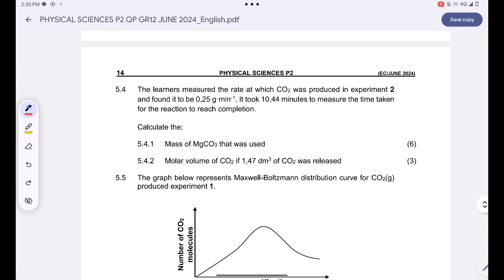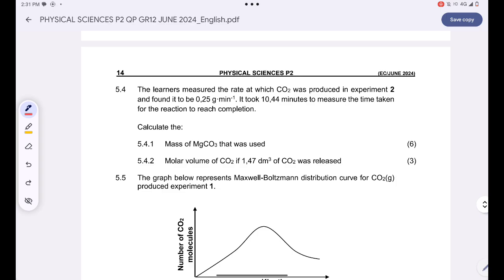Okay, and then now we are told that the learners measured the rate at which carbon dioxide was produced in experiment 2 and found it to be 0.25 grams per minute.